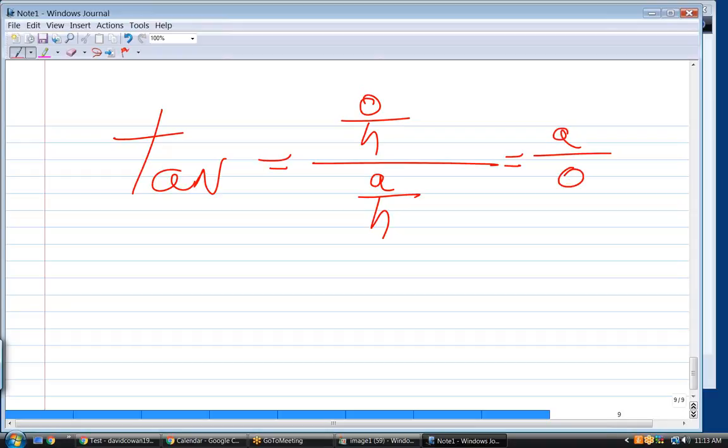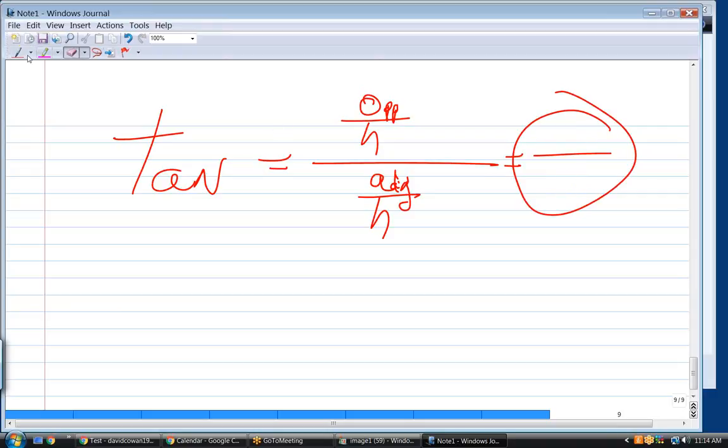So we could always figure out what tangent was, as long as we knew the tangent was the sine over the cosine, and we know the sine is opposite over hypotenuse and the cosine is adjacent over hypotenuse. That makes the tangent adjacent over opposite, or excuse me, opposite, I wrote it wrong.